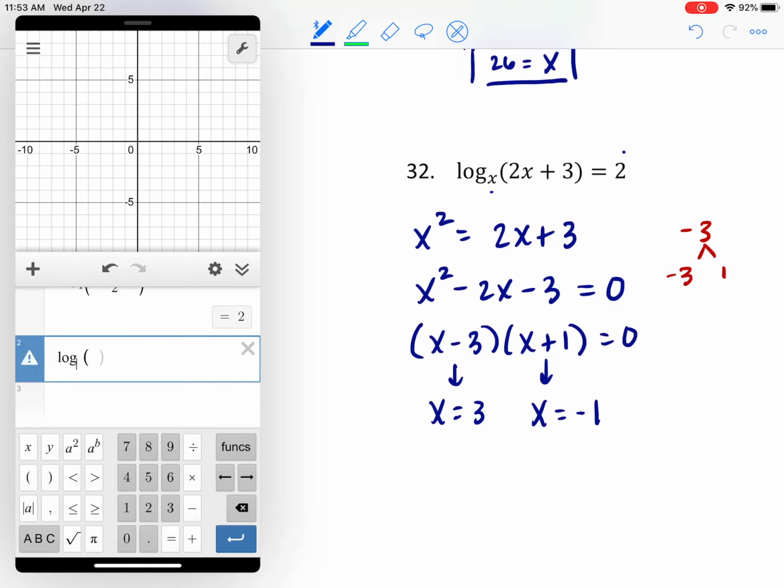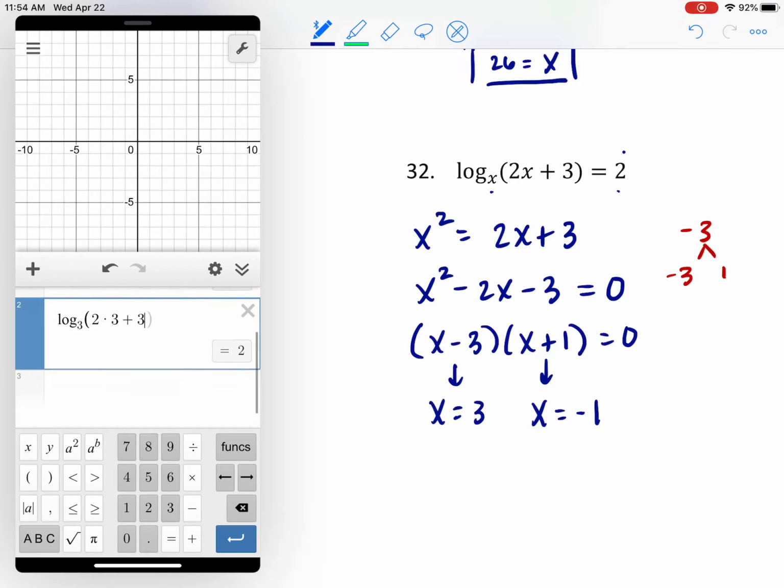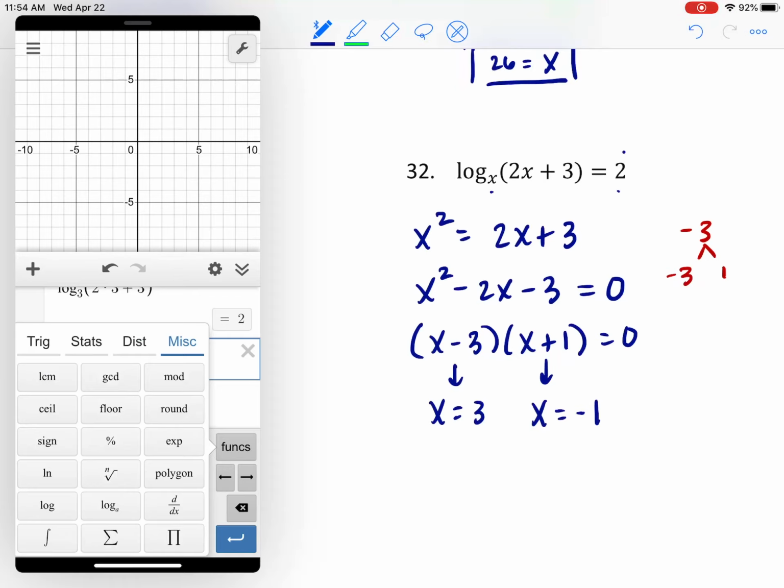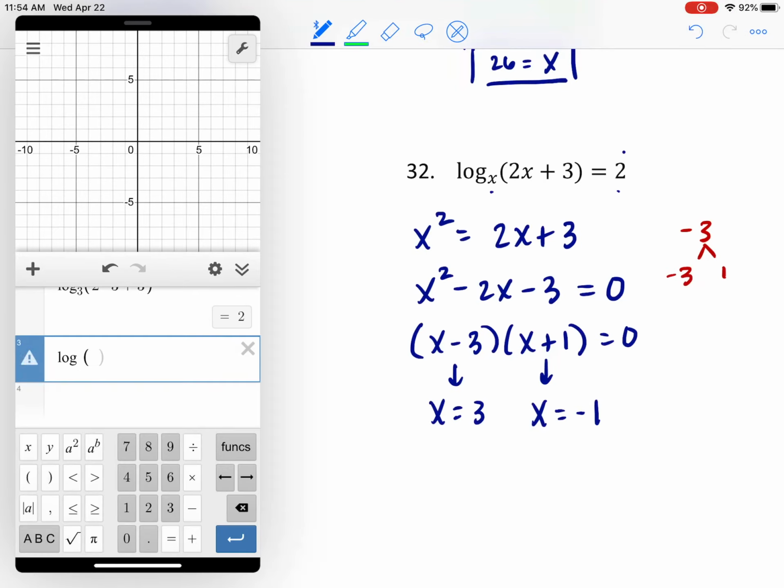Now let's just verify. Move this calculator over here. If I put in the log base 3 of 2 times 3 plus 3, it gives me 2, which is what I was supposed to have.